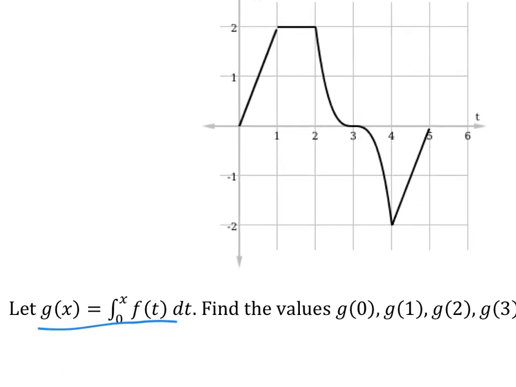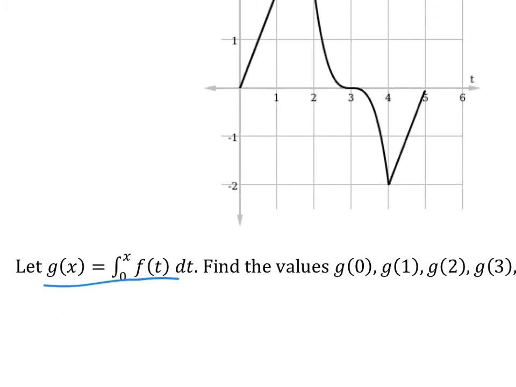Okay? g of x is the integral from 0 to x of f of t. So let's evaluate all these functions. So g of 0. g of 0 means when x is 0. So this is the integral from 0 to 0 of f of t dt. What does this equal to? 0. Good. When you integrate from the same point to the same point, there is no area, it's just 0.